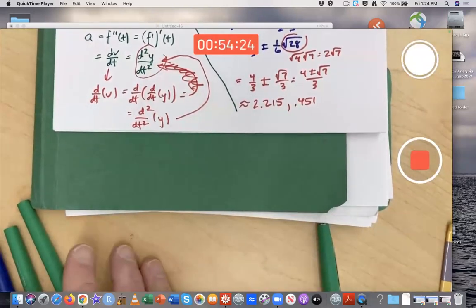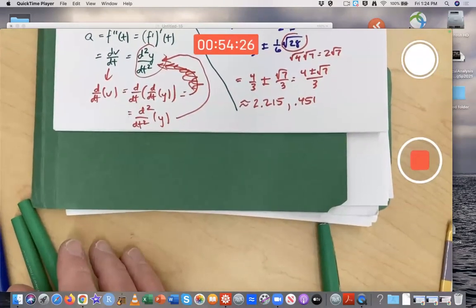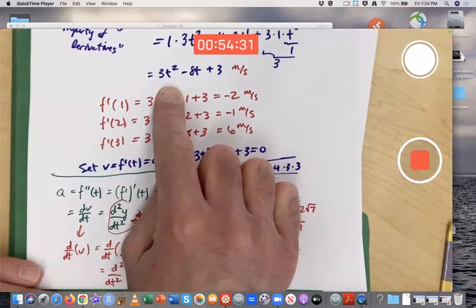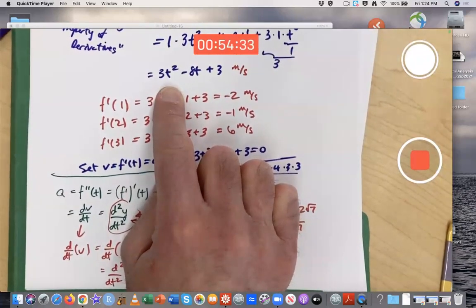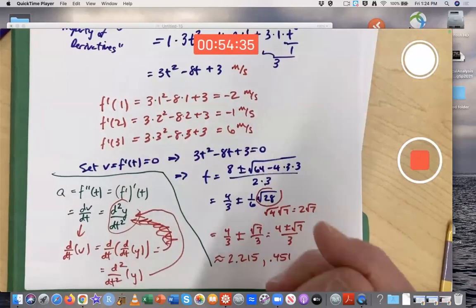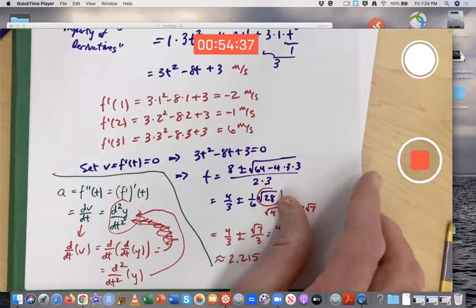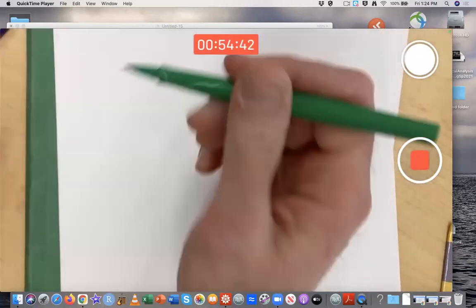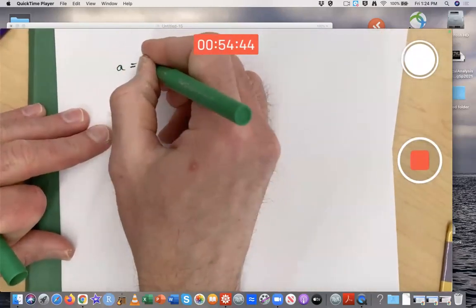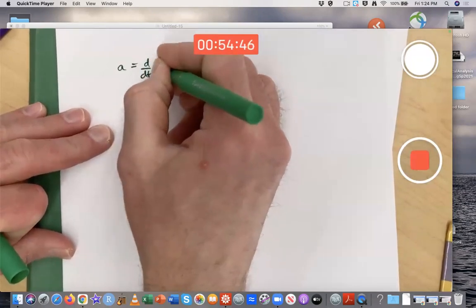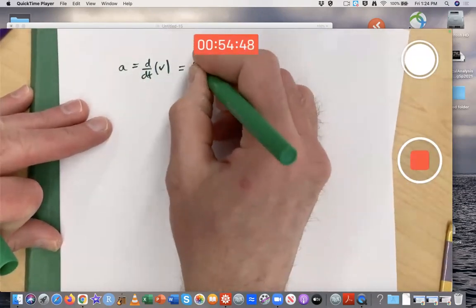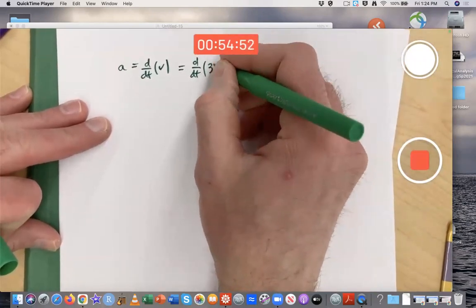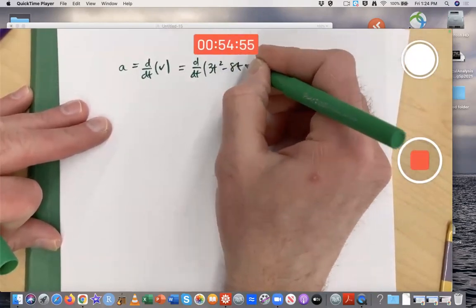And for this example, what is this acceleration? Well, what was the velocity? It was this thing. I've got to differentiate that to get the acceleration. Let's try it. I guess I'm out of room on this piece of paper. The acceleration is the derivative of the velocity, but the velocity we found to be 3t squared minus 8t plus 3.